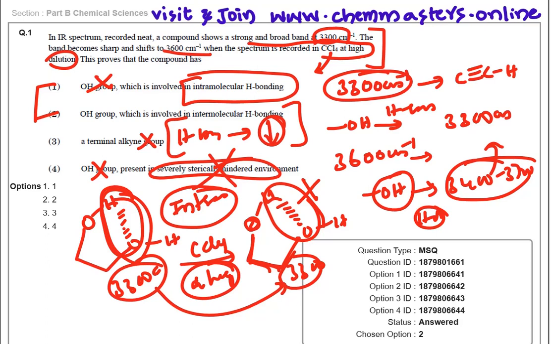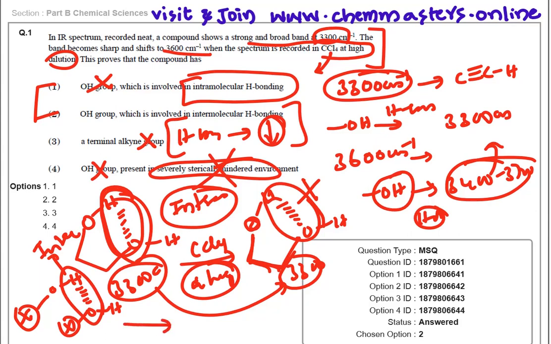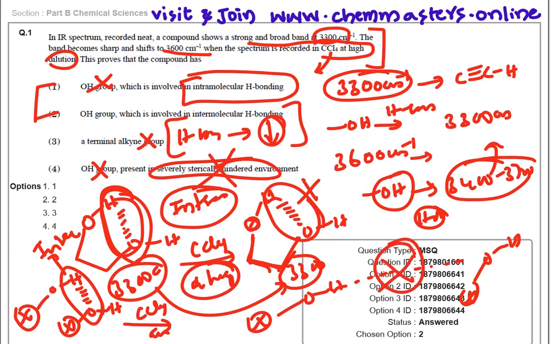Now just try to check it. Here is compound X with an OH functional group, and another molecule of the same compound with an OH functional group, and we may expect intermolecular hydrogen bonding. If we take this particular compound in carbon tetrachloride at high dilution, then the molecules will be far away from each other. In that condition the hydrogen bonding will be minimized, and at high dilution we can expect there will be no hydrogen bonding.